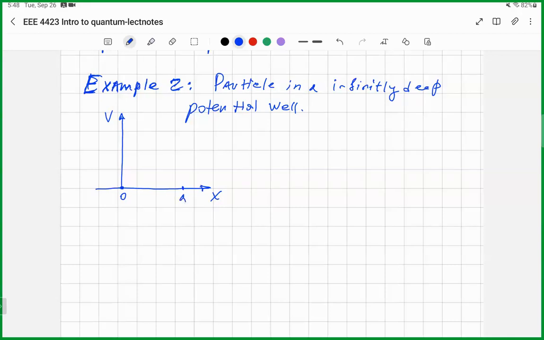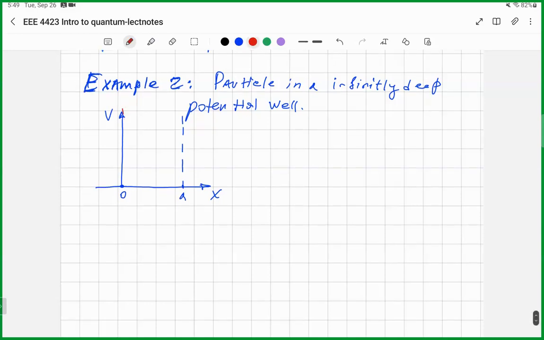It's a here, the second wall of this well, and we assume that this potential goes up to infinity.